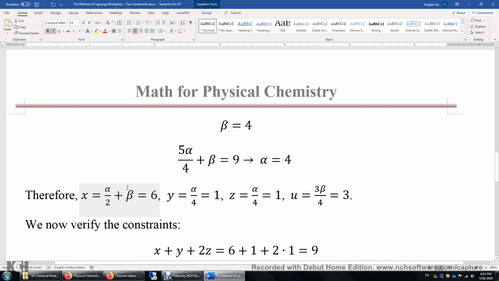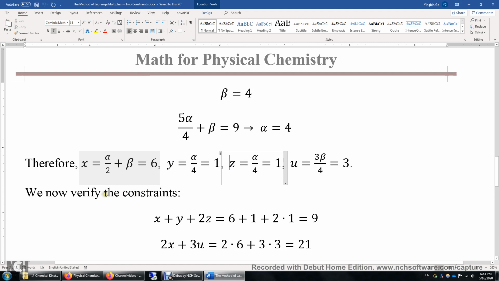And then once we know the values of alpha and beta that minimize the function value, we can obtain the values for x, y, z, and u correspondingly, because we have the expressions of x, y, z, and u in terms of alpha and beta. And then let's just verify the constraints. x plus y plus 2z is this, equals 9, good. 2x plus 3u equals 21, that's good.